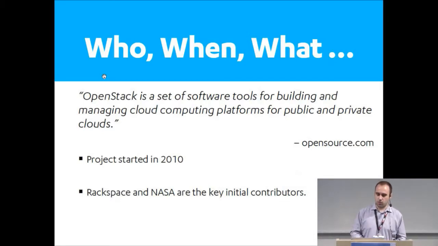And in 4 years, it achieved quite a big status in this kind of IaaS solutions. There are others, of course, but the main contributors for OpenStack were Rackspace and NASA. Rackspace contributed with their object storage solution, and NASA with their computing solution.